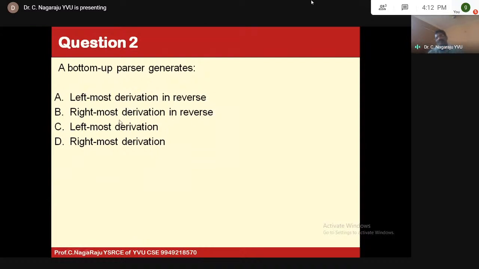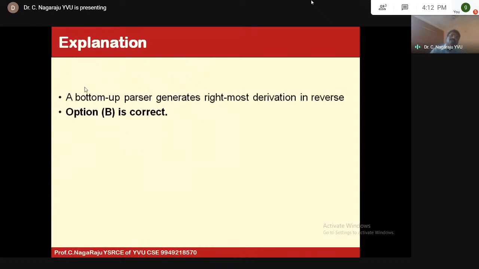You got this for a 1 mark question, right? If you are good at the definitions and the terminology, then it is easy to answer this kind of question, right? So the bottom-up parser generates rightmost derivation in reverse. Option B is correct.